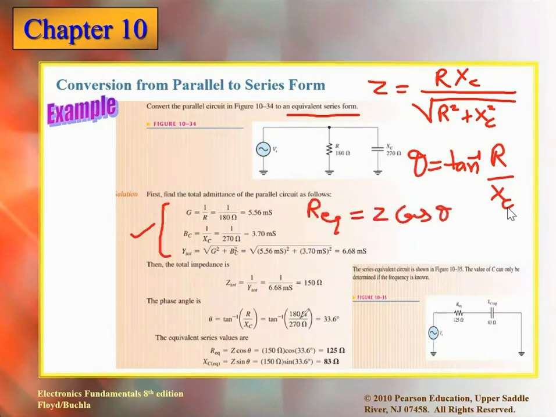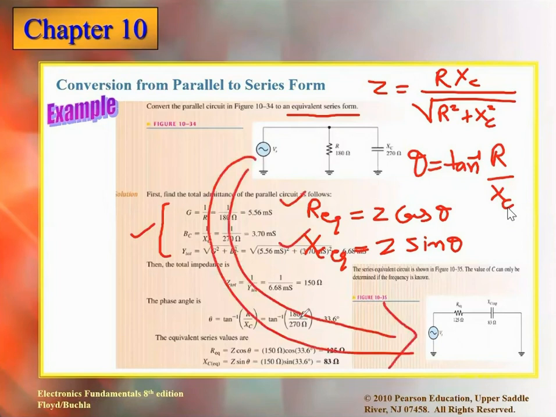Then I will calculate XC equivalent, which is Z sin theta. Once you get these two things, you can draw the series circuit for the given parallel. This is the resistance, and this is the capacitive reactance. Clear?